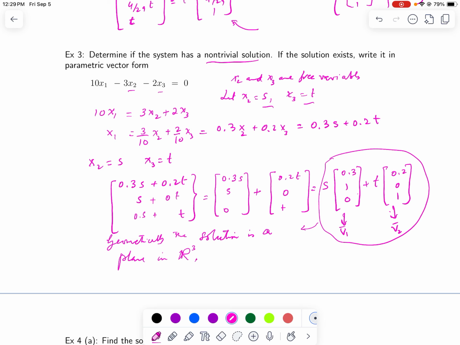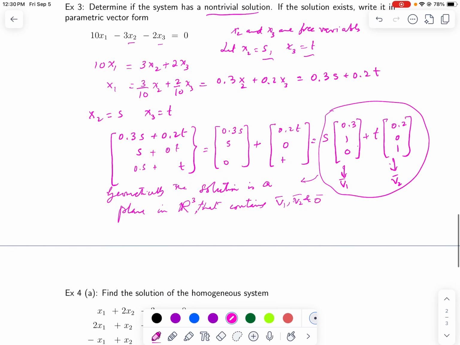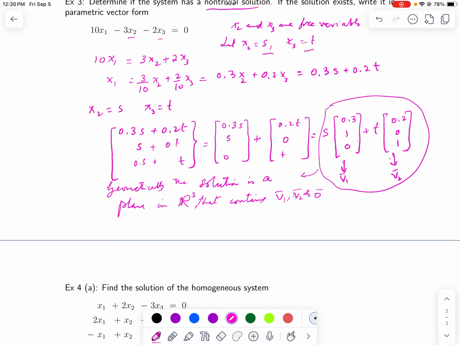What does the plane consist of? That contains v1, v2 and the 0 vector. So it is the plane, you can say, which passes through v1, v2 and 0, or which contains these. So this will be a plane which passes through the origin.